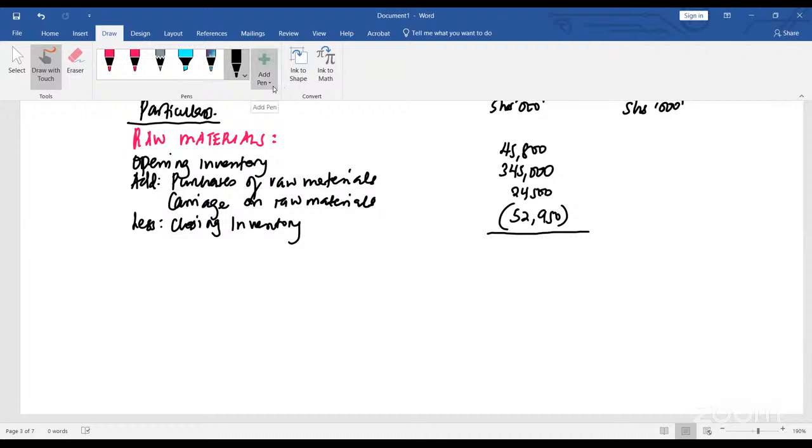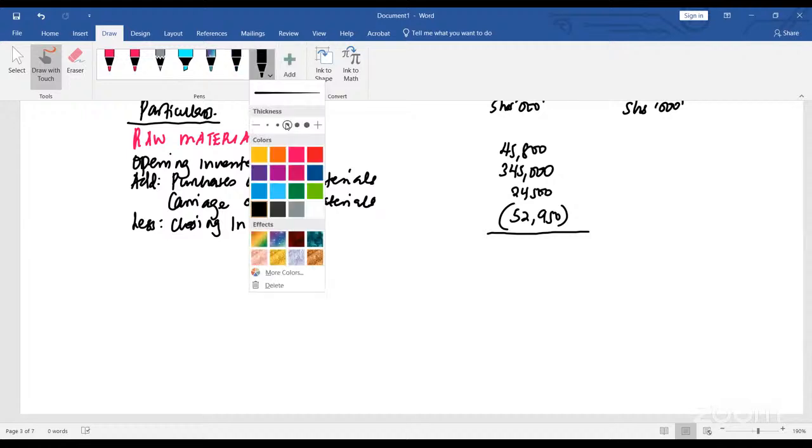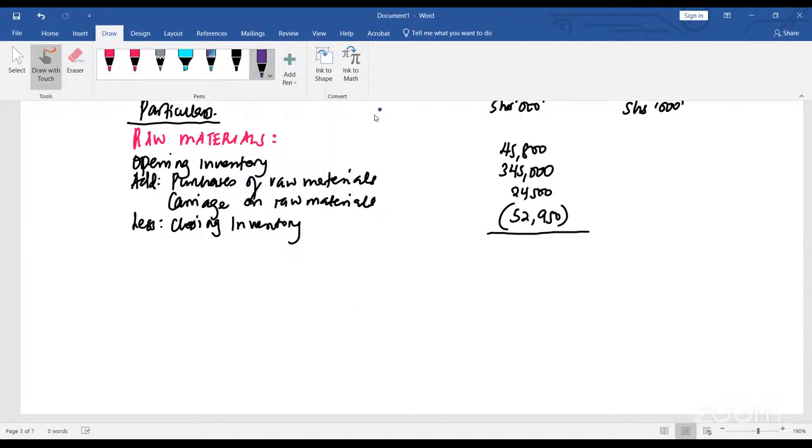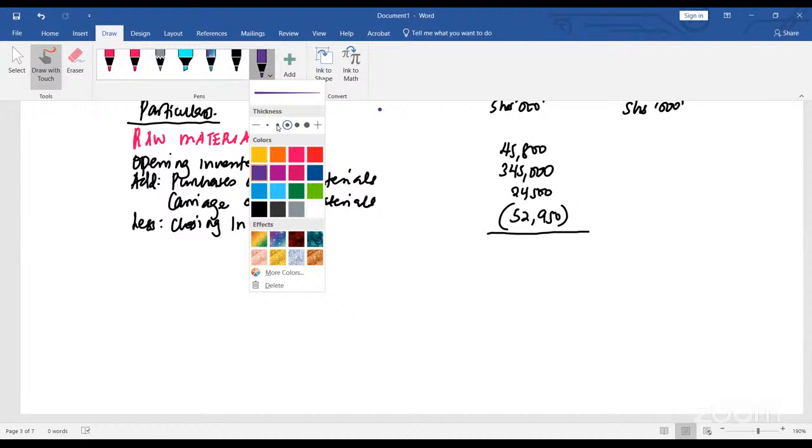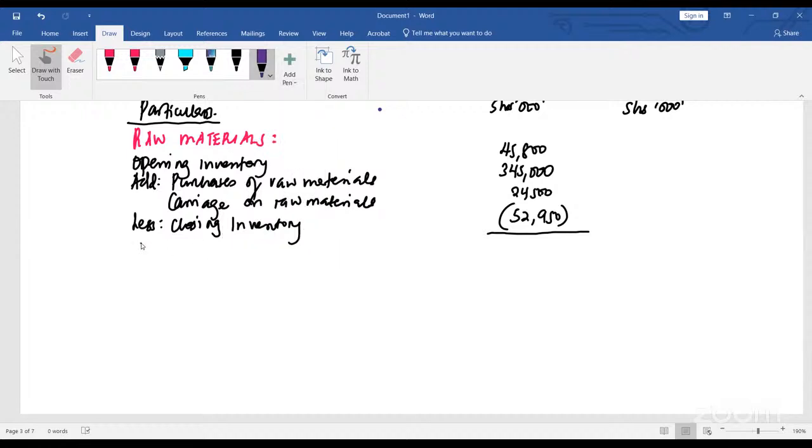Try to do the addition and subtraction. We see what we have. What we have will be the cost of raw materials consumed.